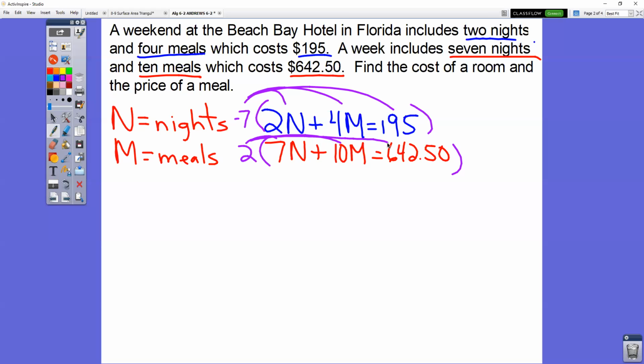Go ahead and solve the rest of this one on your own, please. Distribute all 6 times to find your 2 equations. When you do that, you'll have opposites with your n's because you'll have a negative 14 and a positive 14, add going down.